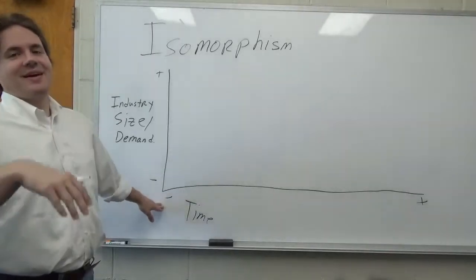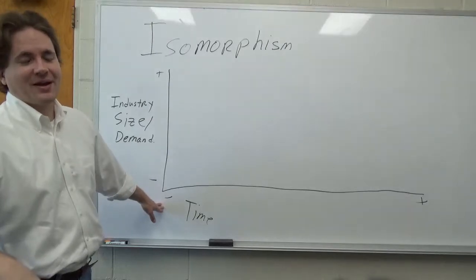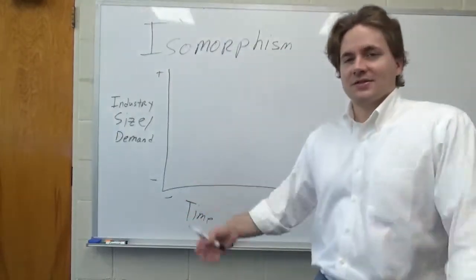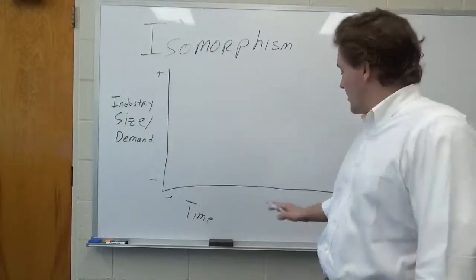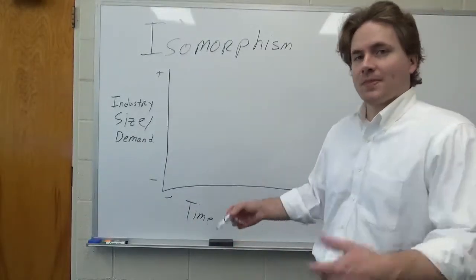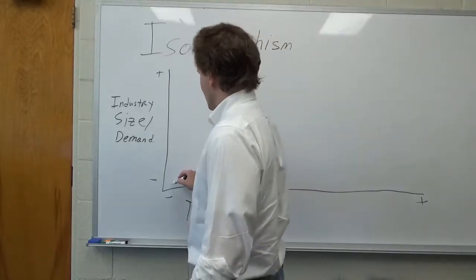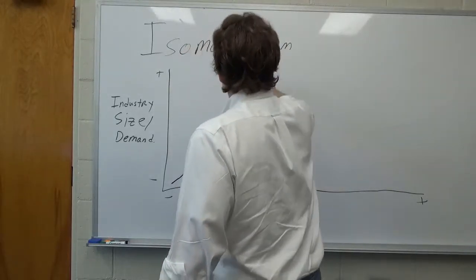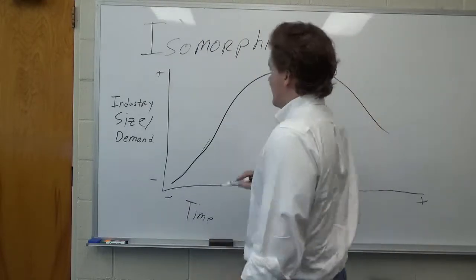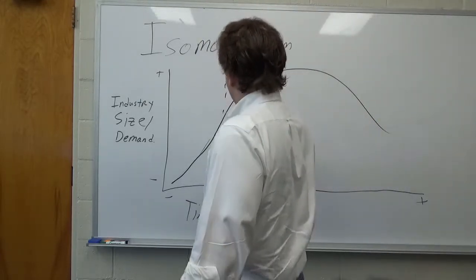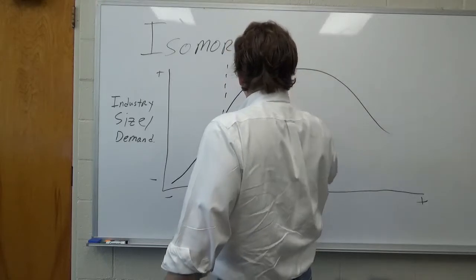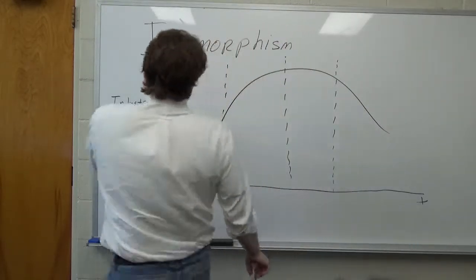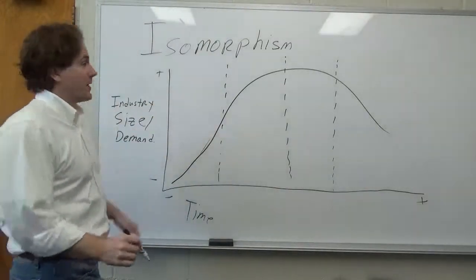Beginning of time, the launch of a general industry or product, and as it's been around for a little while, so longer time, the further right you go. Okay, so the curve generally looks like this. And it's normally divided into 4 phases. This first area here is what we call introduction.